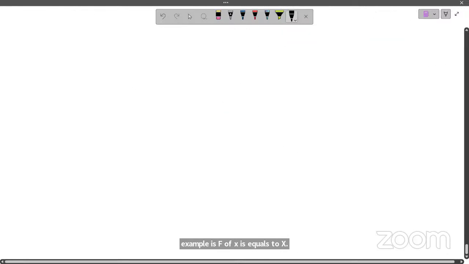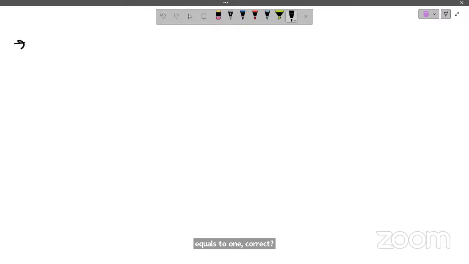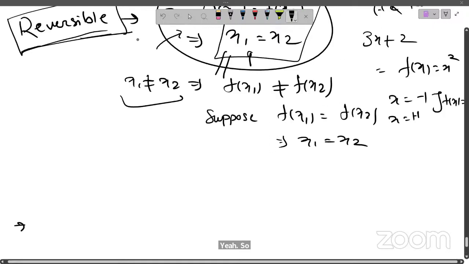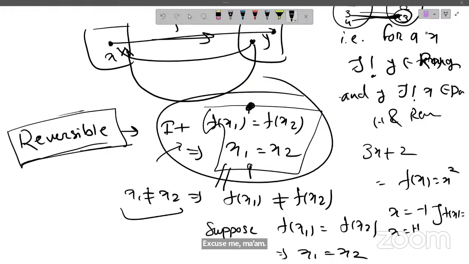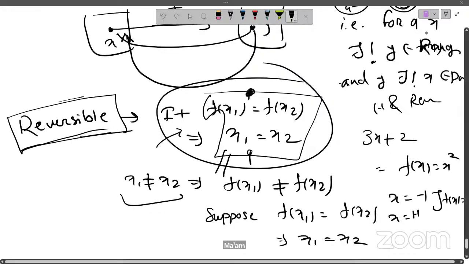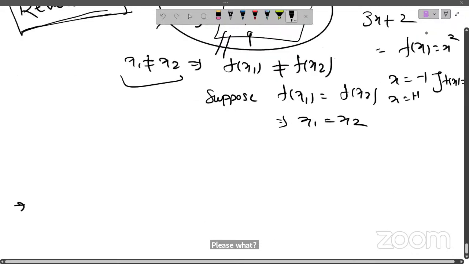Ma'am, can you scroll above, please? Ma'am, I have a question: why can we not write that if f of x1 is not equal to f of x2, then x1 is not equal to x2? I'm not saying that you cannot write in this way.